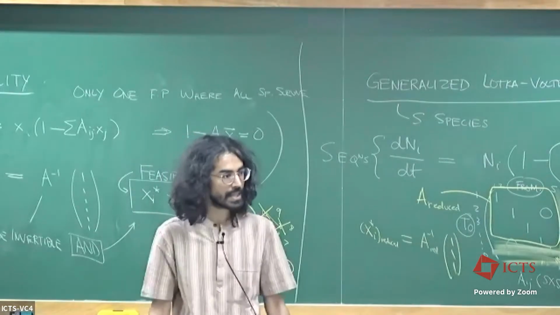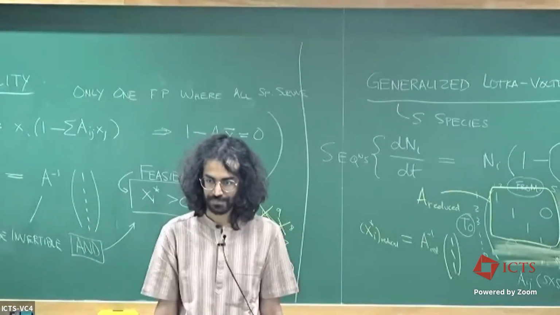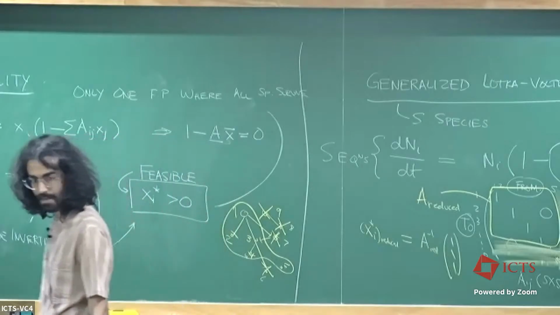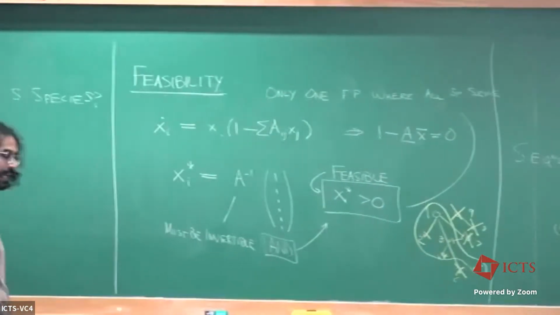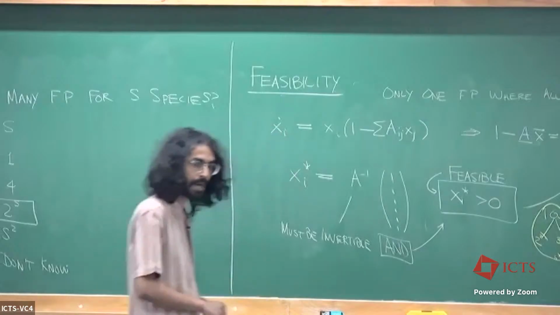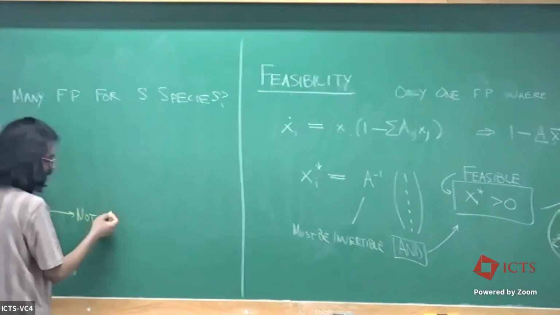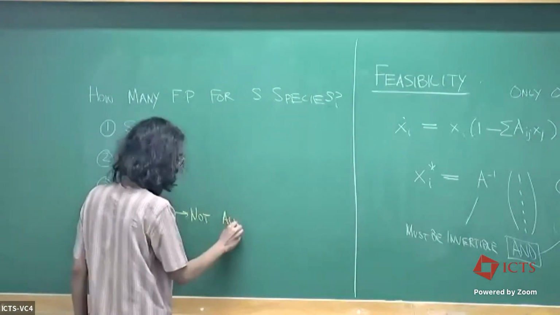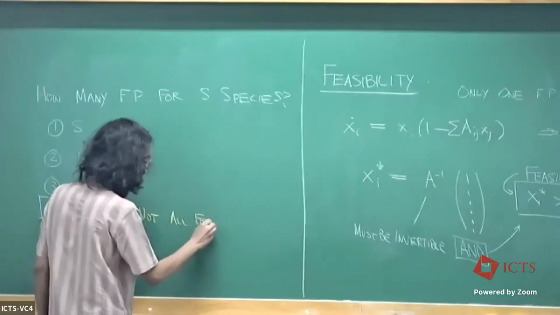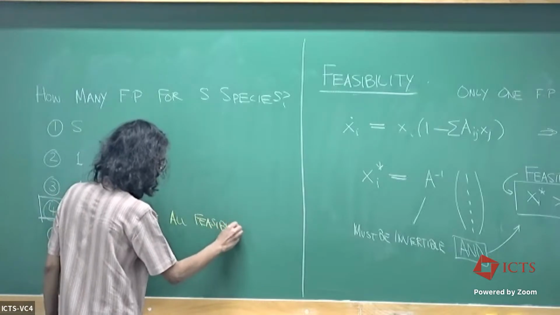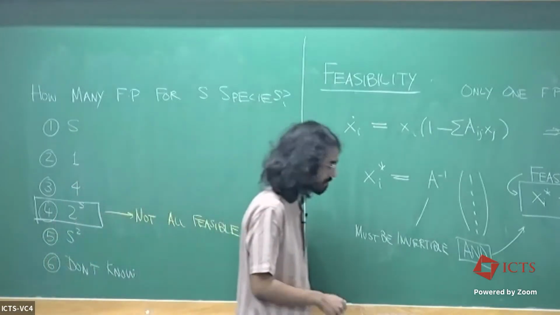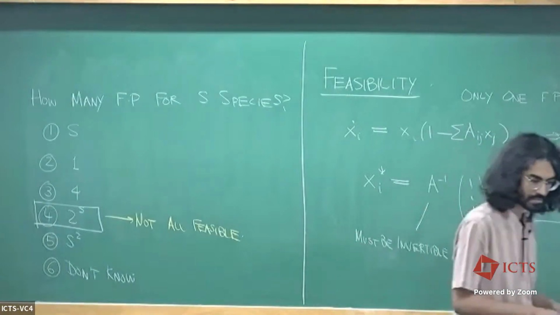Once you pick that, the fixed point is unique, and that's how you find it. It's true that there are 2 to the s fixed points, but only a small fraction of them might be feasible. So not all of them are feasible.